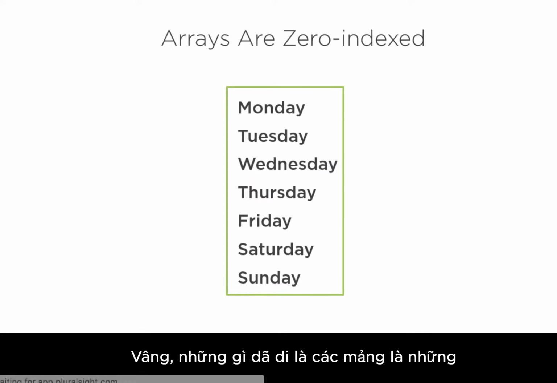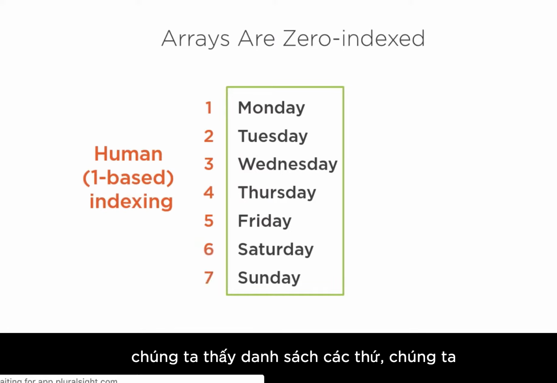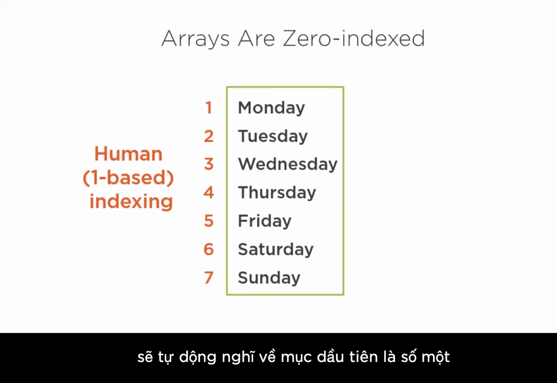Well, what has gone wrong is that arrays are what is known as zero-indexed. As human beings, when we see lists of things, we automatically think of the first item as number 1 and the second as number 2, and so on. In other words, we start numbering with 1.